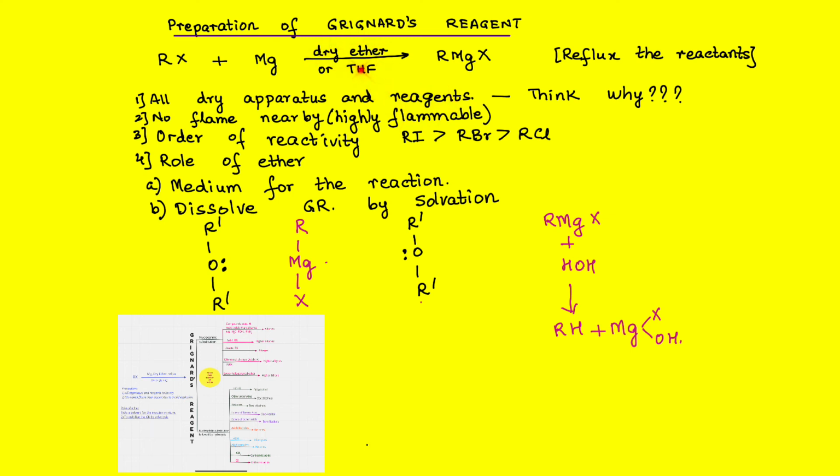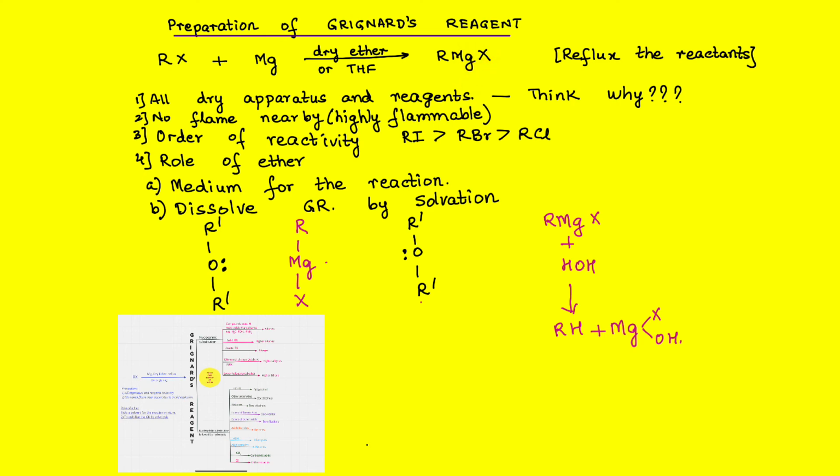As solvents, we can use dry ether or tetrahydrofuran, and we reflux the reactants for a long time in order to get the products. Interestingly, the Grignard's reagent is not taken out separately and stored. In fact, it is left in the flask in which it is prepared.